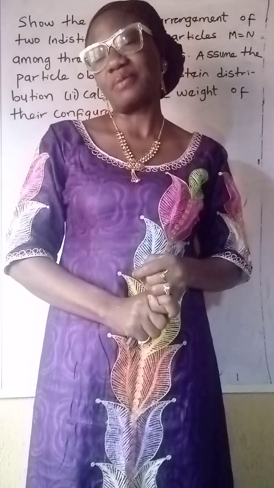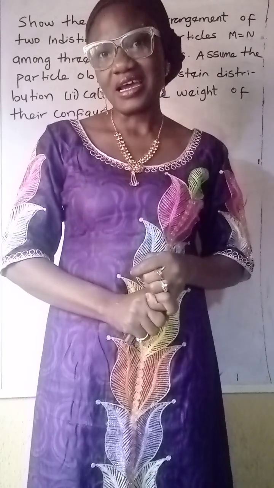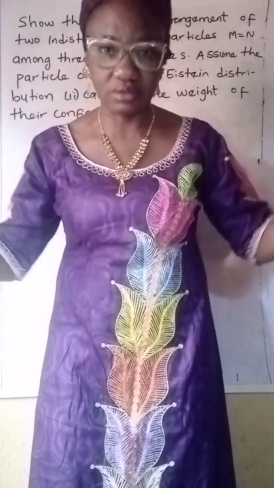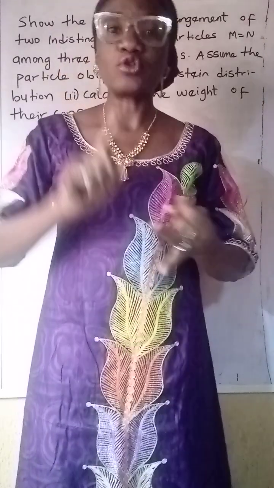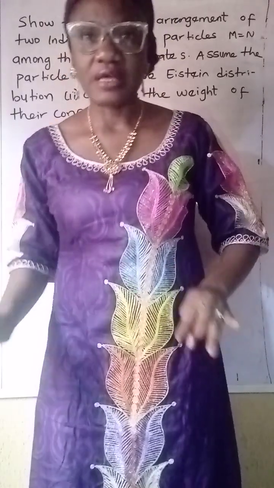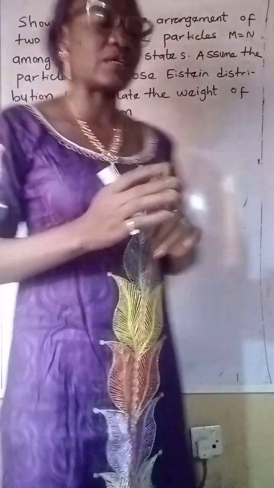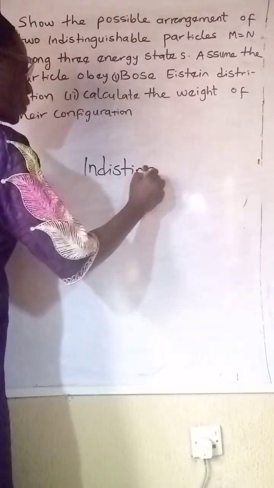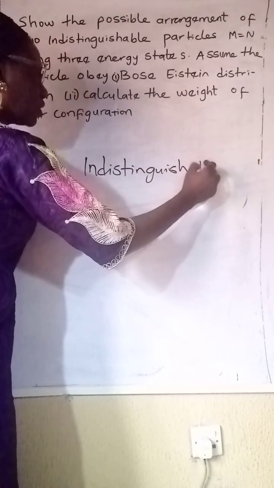I'm going to be talking about four characteristics. The first characteristic is that any of the particles can be in a state that is 0, 1, 2, 3, 4, and so on. Then two, the particles are indistinguishable. Indistinguishable, what does that mean?